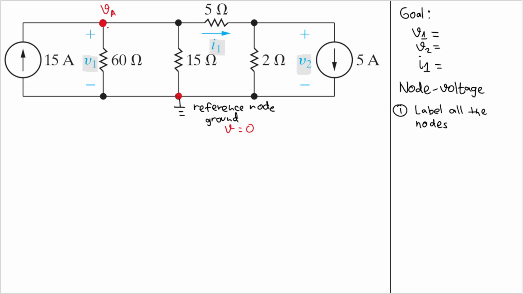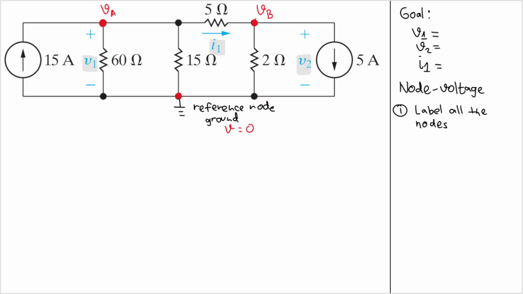Good. And the other node is this node here. This node is VB. And I think we have no other nodes, right? We only have three nodes: this reference node, node VA, and node VB, right?